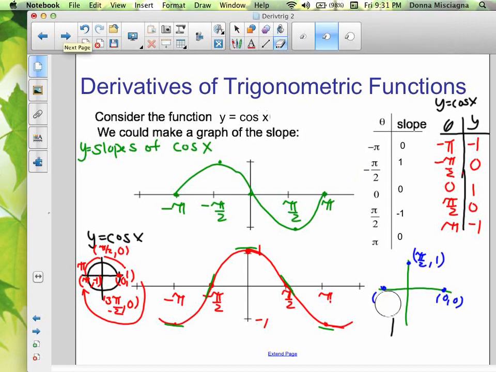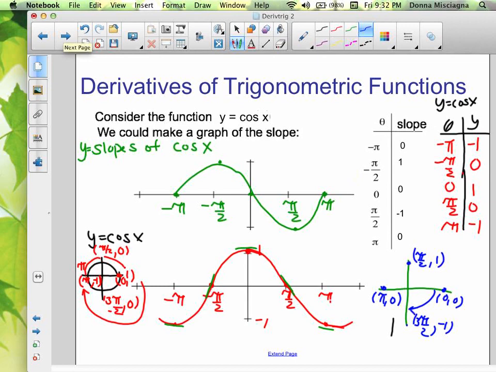Not that way. It's the point pi, 0. And then over here it's going to repeat this, and now it's going to be 3 pi halves, negative 1, which would be the same as if I went this direction as negative pi halves.